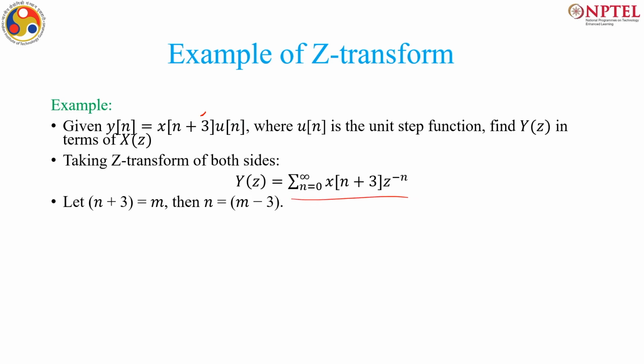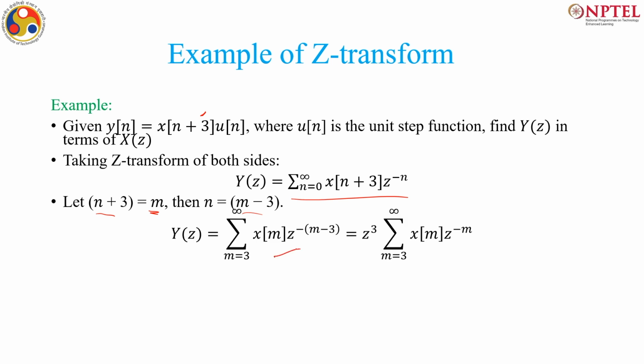I will put n plus 3 to be a dummy variable m, so my n will become m minus 3, and I will get this. I bring z power 3 outside. So, what I get is this, and let us try to evaluate.